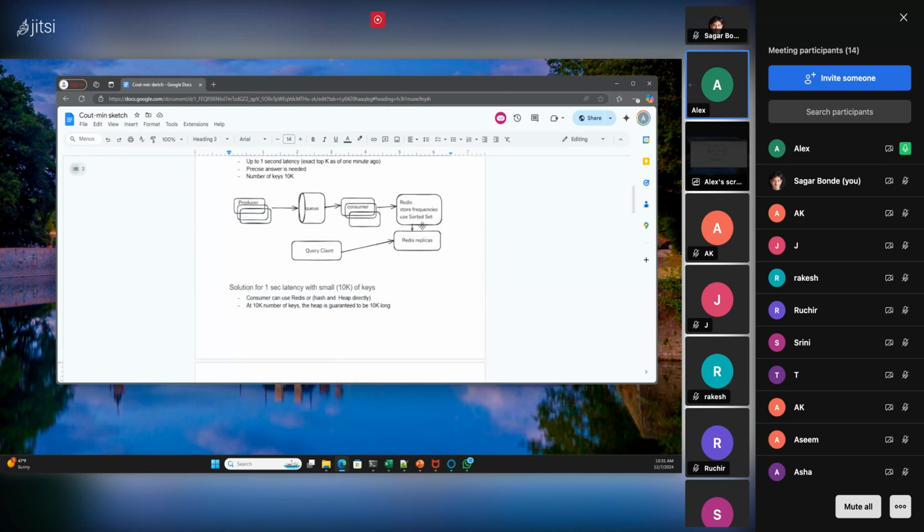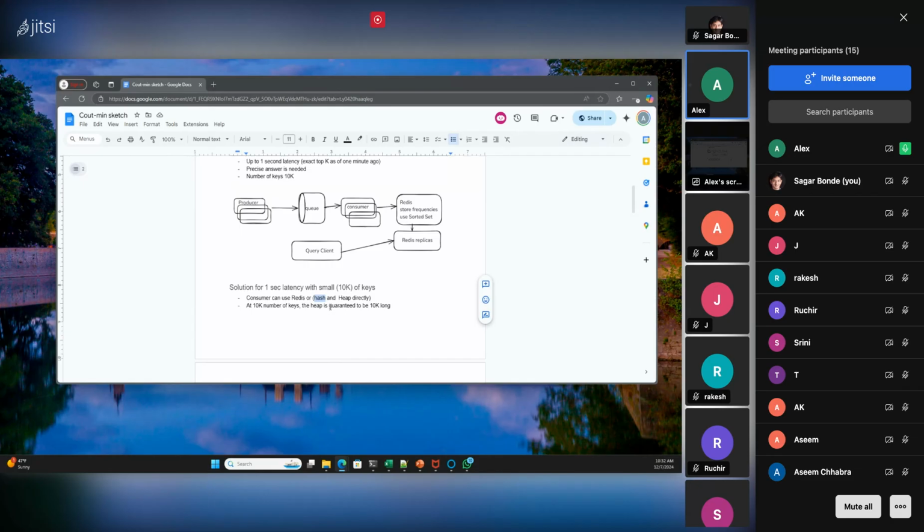You would want to shard this Redis, or shard your hash and heaps, and maintain the size of each hash to about 1 million keys. So if you have 10 million, you would need 10 independent shards that have their own heaps, and then you combine the 10 heaps manually at query time.